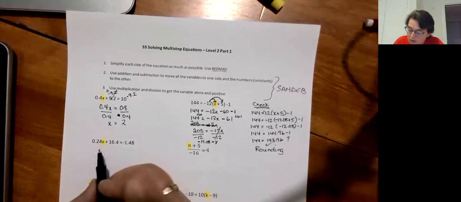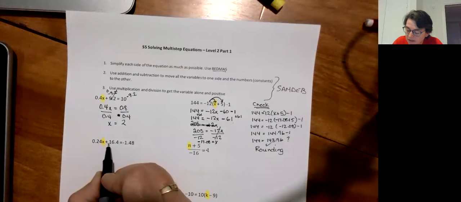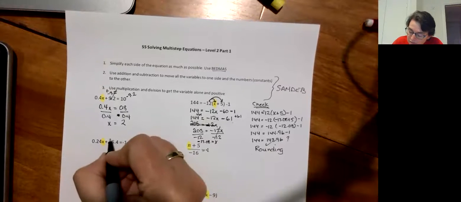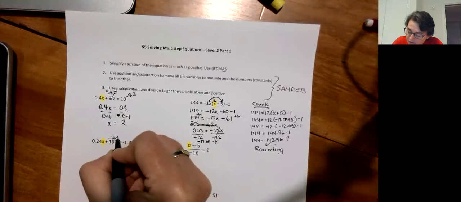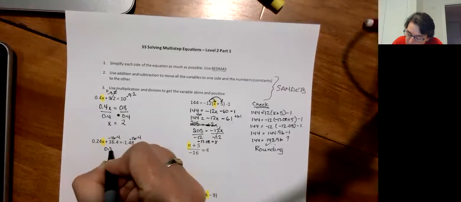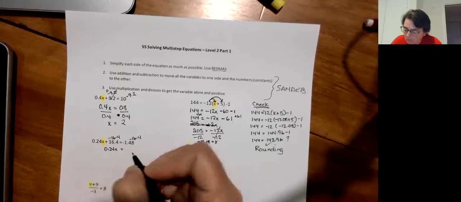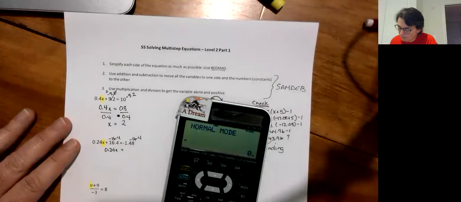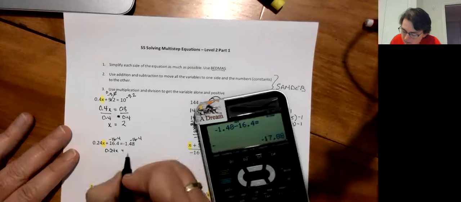Next one looks easier. 0.24x plus 16.4 is negative 1.48. So I want to move the 16.4 over, so minus 16.4, minus 16.4. 0.24x is equal to negative 1.48 minus 16.4, which is negative 17.88.